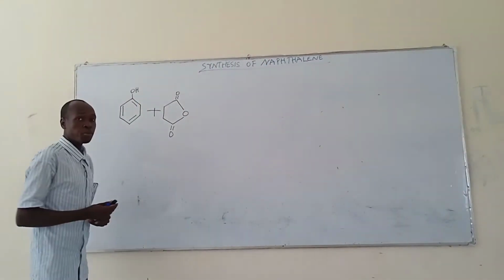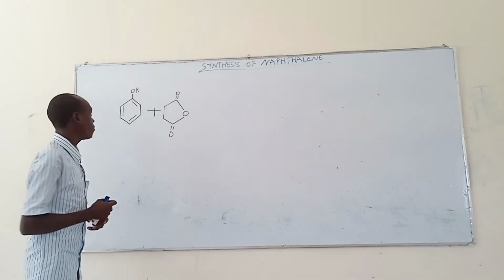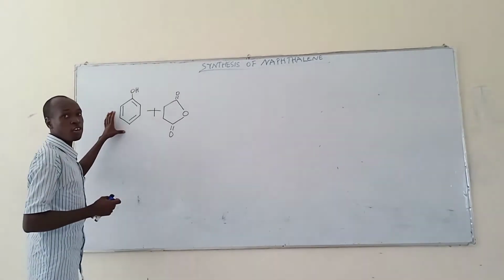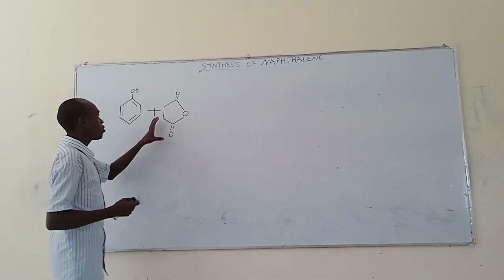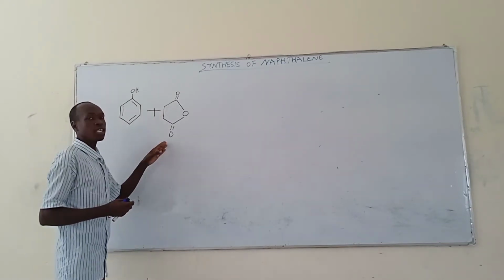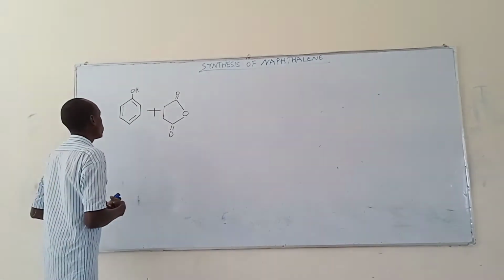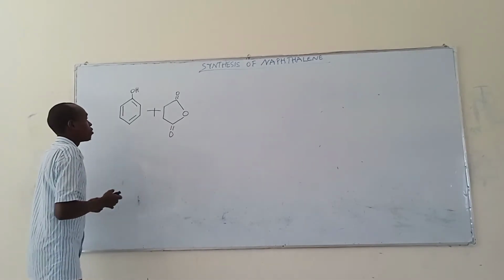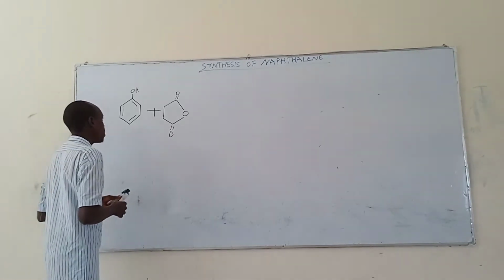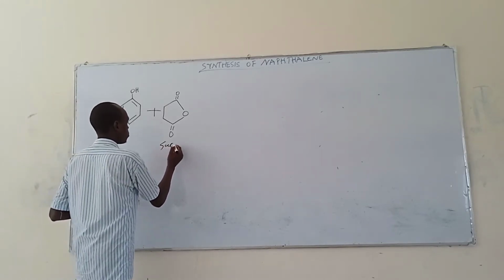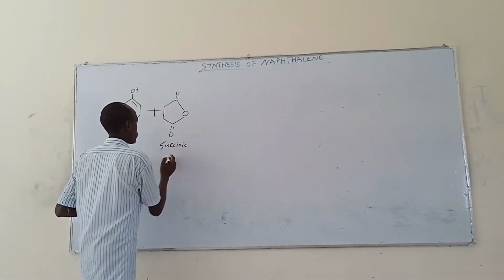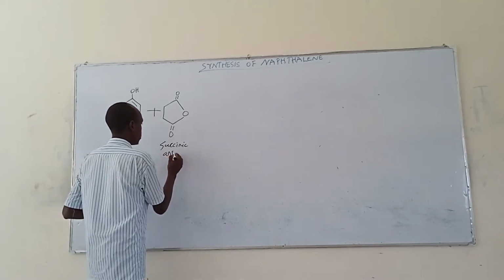For the whole process, we opted for phenol as our more derivatized ring. So this is phenol, and we are going to use succinic anhydride. We are going to react phenol and succinic anhydride. This is succinic anhydride.